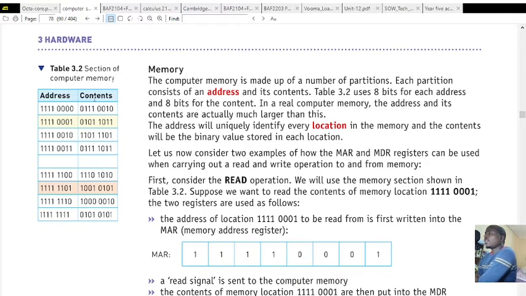In real computer memory, the address and its content are actually much larger than this. So this is just an example.